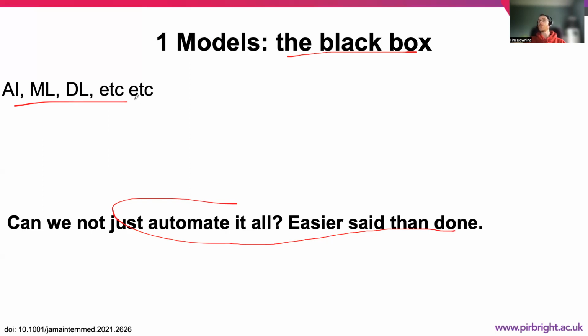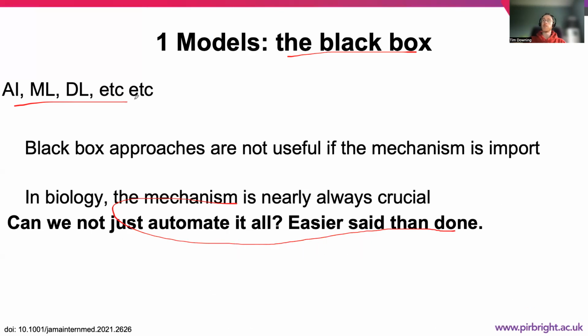Therefore, the black box is not necessarily helpful for us if it doesn't tell us about the mechanism at hand. So we might want to know what variables are causing this association between these two different phenomena. If those black-box approaches will tell us about that, then that's great. If not, then that might not actually be useful.